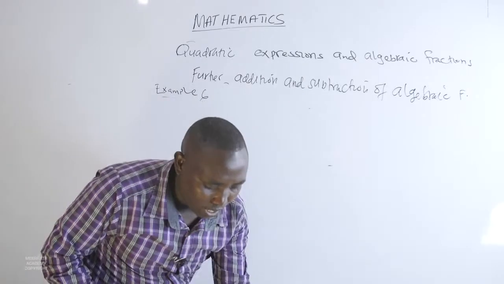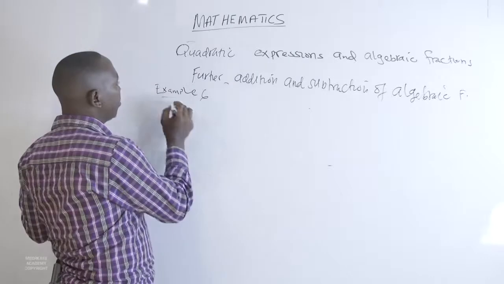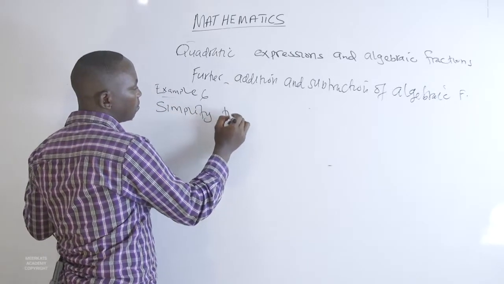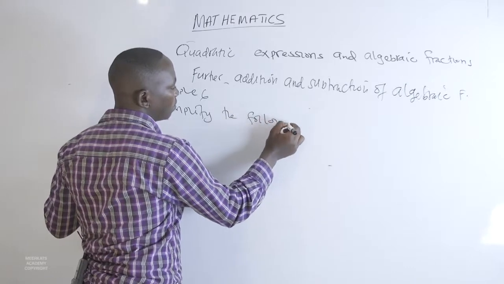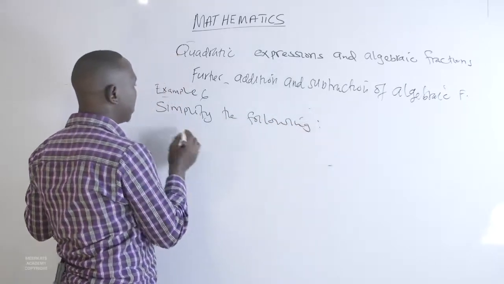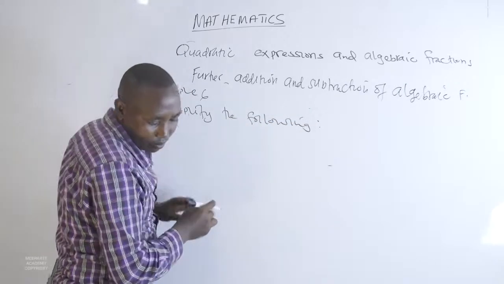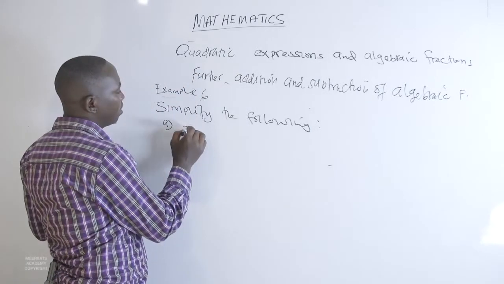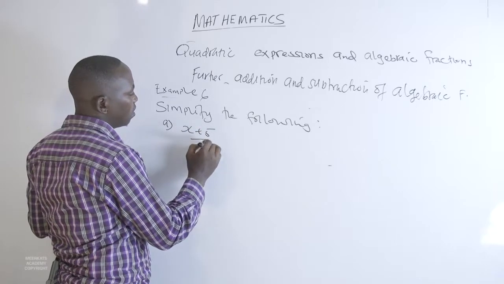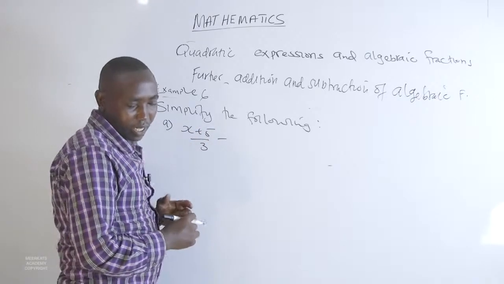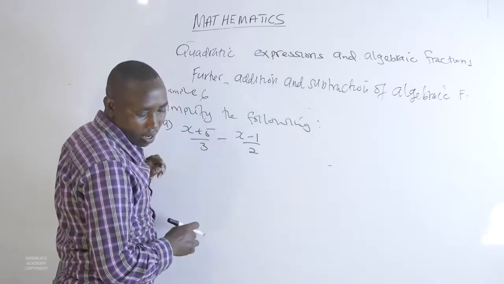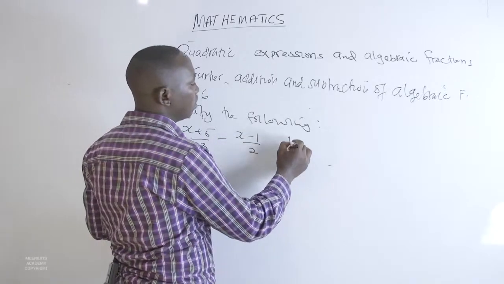In example 6, we are told, simplify the following. Number 1, we have x plus 5 over 3, subtract x minus 1 over 2.